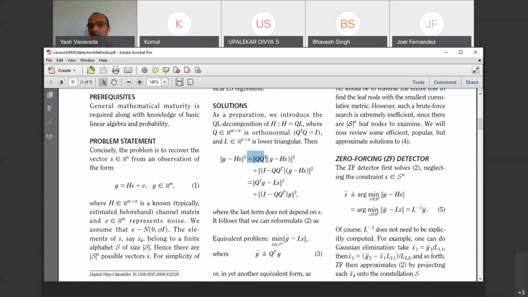And so the hint that I'm giving you is to show that this error vector is getting projected along two perpendicular directions by this. Once you show that, then you are done with the first line. Then you have to go to the next line and show how this term here became this term.